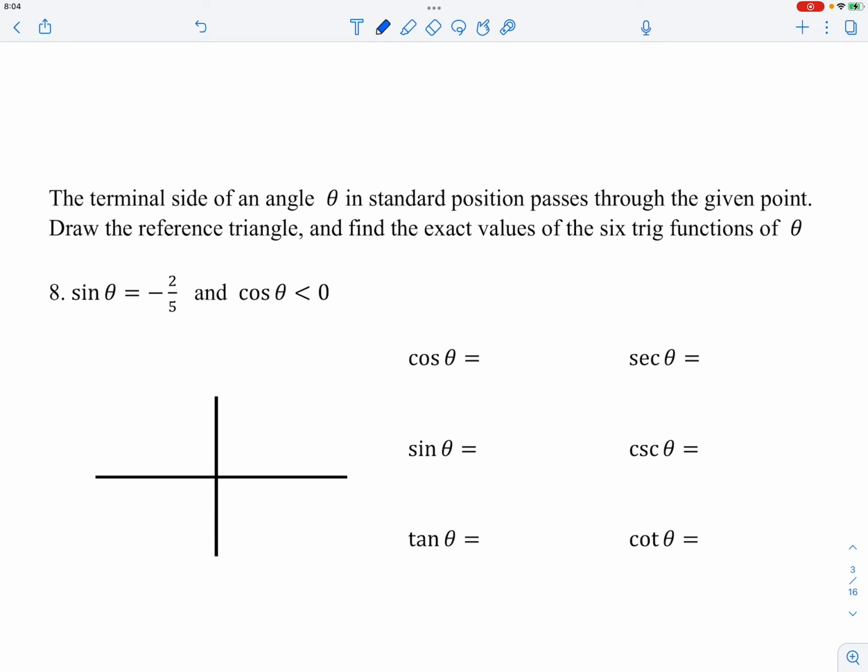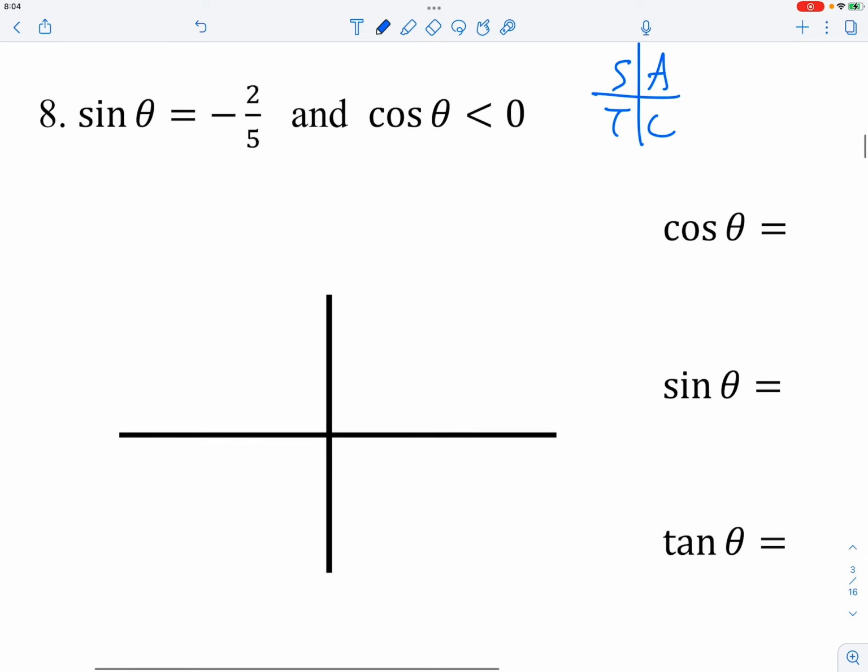Now number 8 is somewhat similar, except that the information given is slightly different. Now it tells you that sine theta is negative, and cosine theta is also negative, and that indicates that in order for both to be negative, it must be in quadrant 3, and there's a fraction right here. The fraction is 2 over 5.